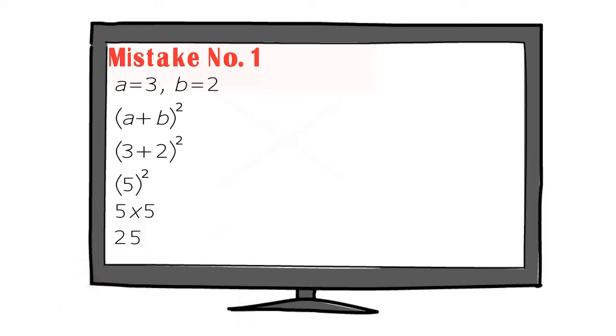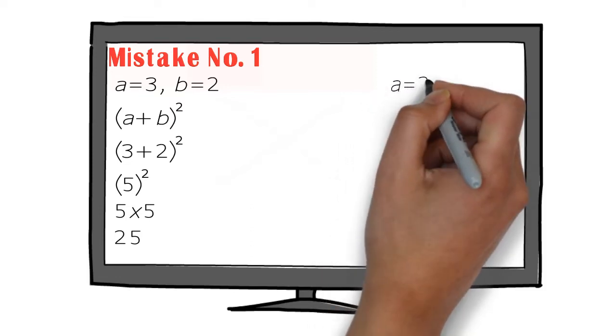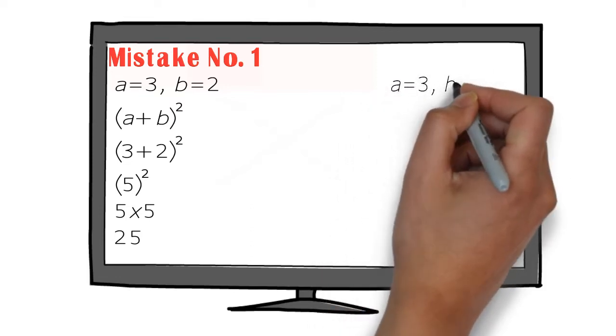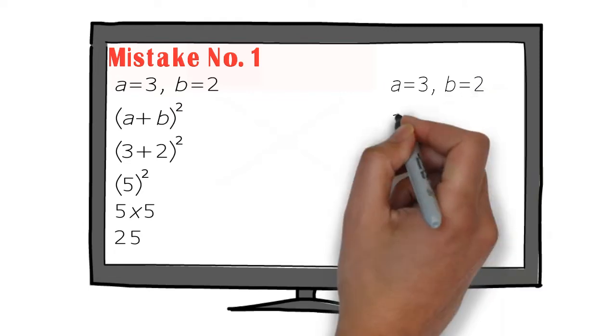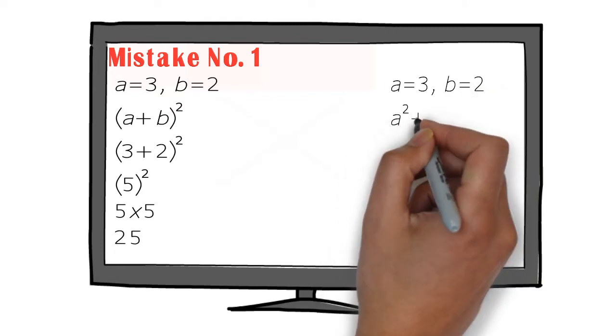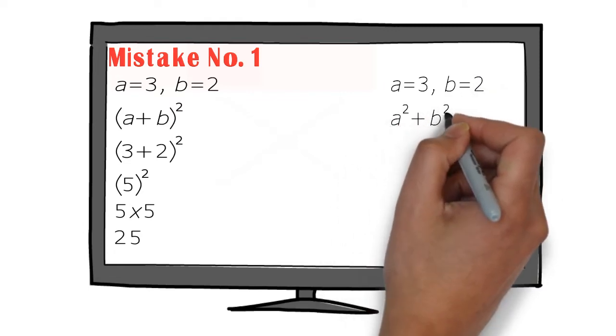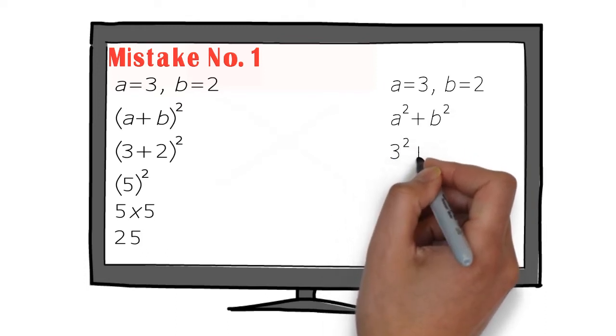Now let's take the same substitution in the expression students assume to be correct, which is a square plus b square. Using the same substitution, a equals 3, b equals 2, we have 3 raised to power 2 plus 2 raised to power 2.